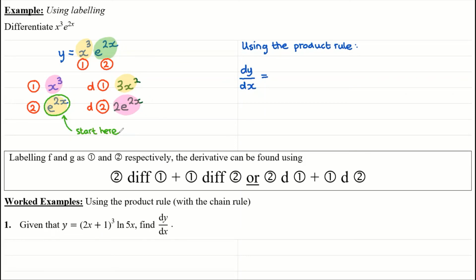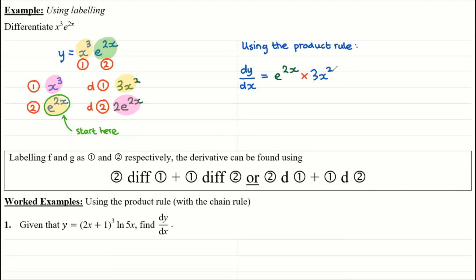So it's going to be function 2. So I'll write that in first. So it's going to be function 2, so that's e to the 2x, multiplied by the derivative of the first function, which is 3x squared.